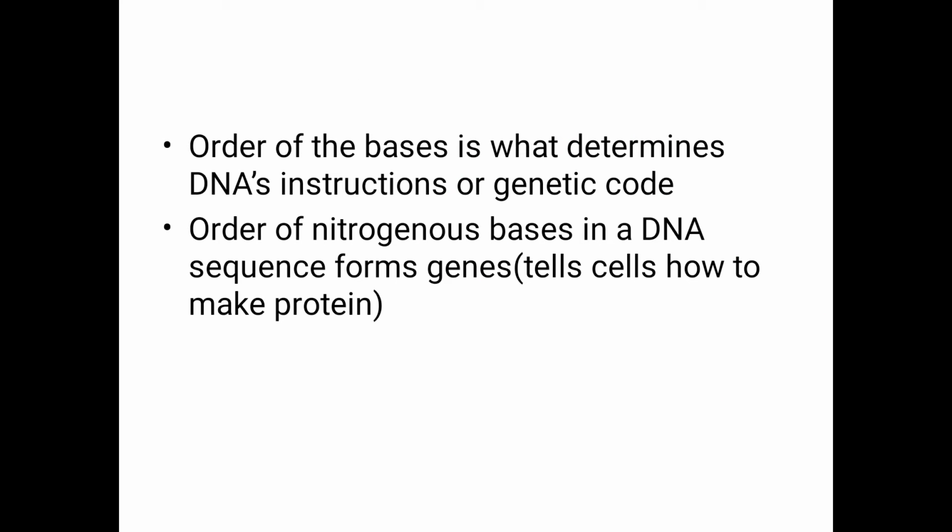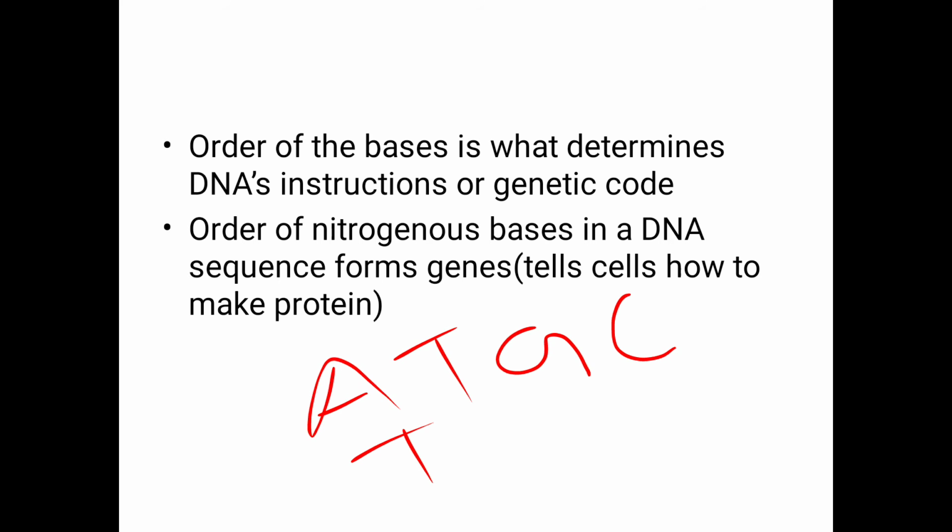Now the order of the bases. Order of the bases means A, T, G, C, T, A, C, C, G. The order of these bases is what determines the genetic code. The order of nitrogenous bases in a DNA sequence forms genes and tells cells how to make proteins.